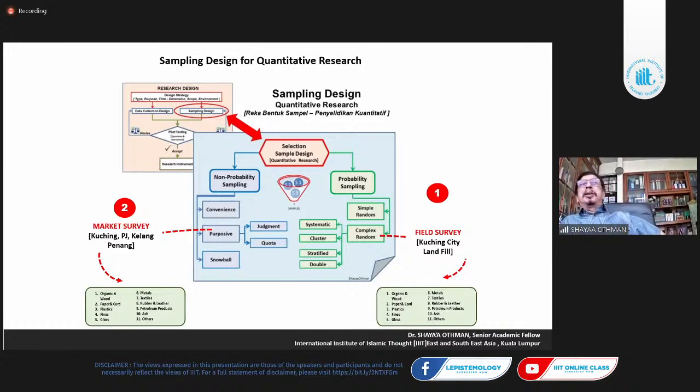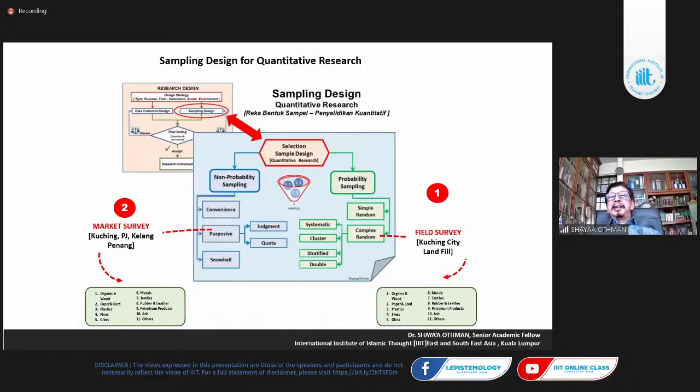Because when we talk of sample size, it normally depends on the sample frame, isn't it? When we have a frame, you can determine 5% or 10%, whatever is relevant.